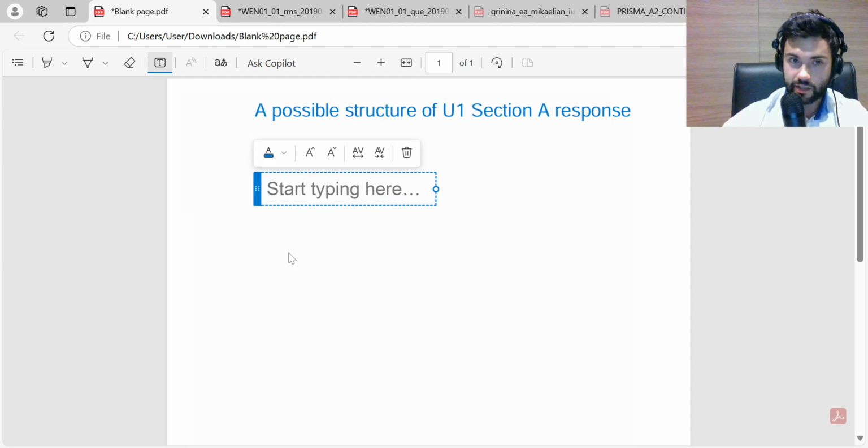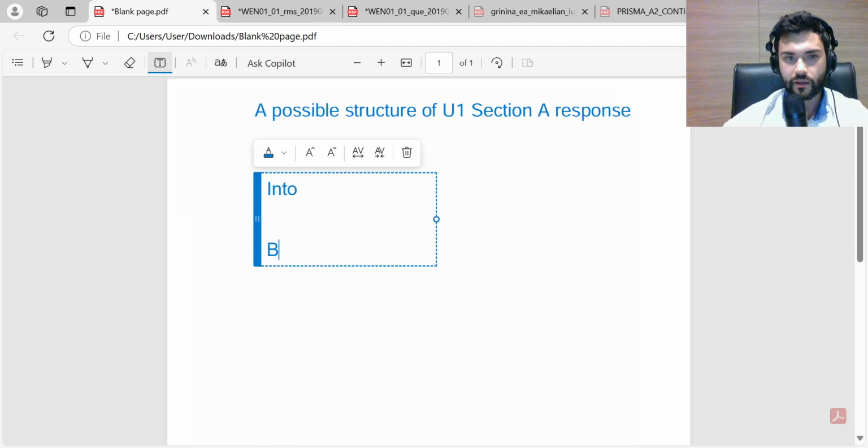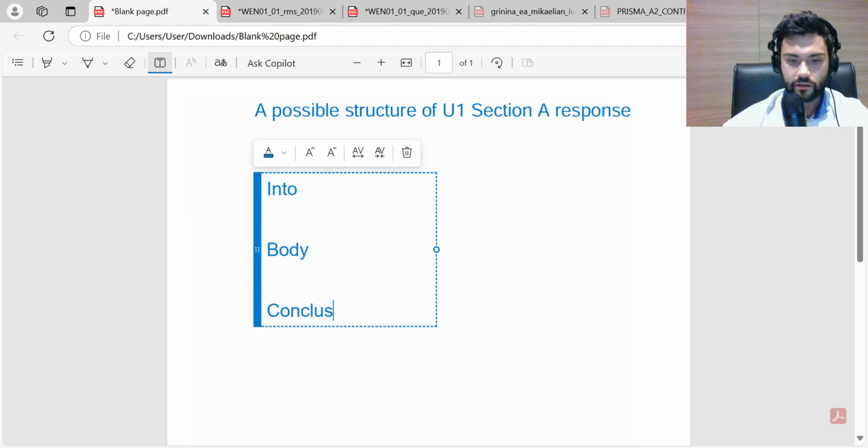Let's check if it makes sense in our comparative evaluation. So say that we have introduction, we have body, and then we have conclusion.